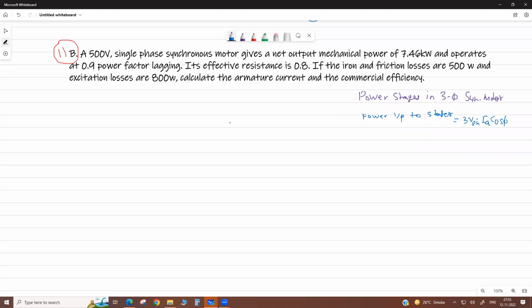You have to draw the equivalent circuit of the machine also. I will explain: this is your induced voltage, then the armature resistance is there, and the synchronous reactance is there in the equivalent circuit.